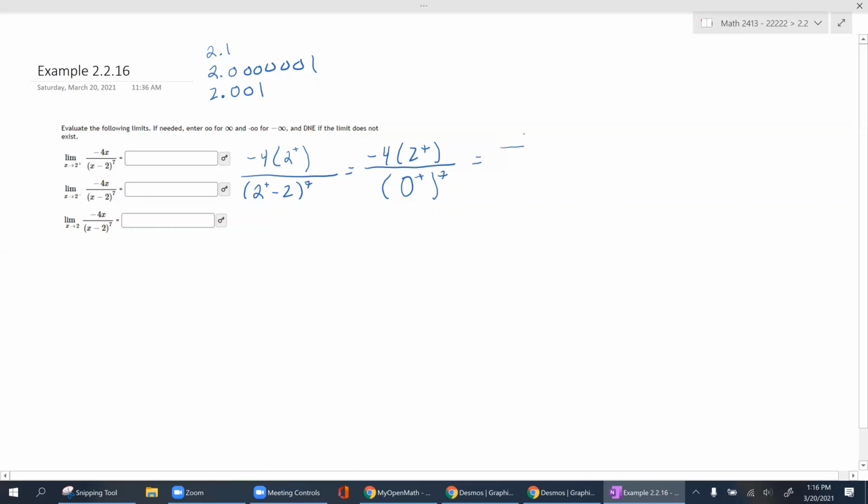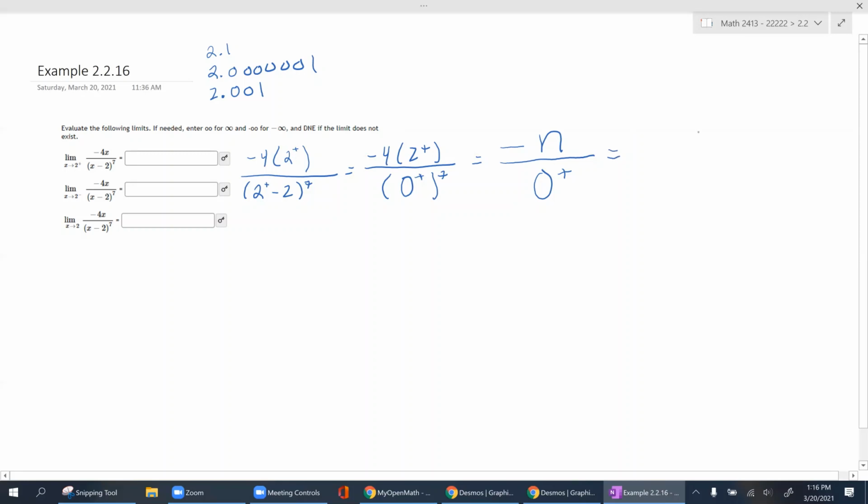So let's just say, I don't know, negative 1, for example, just a negative number. Divided by something very, very small that's slightly positive to the 7th power. That's still going to be pretty small. And what we said earlier is that if you have a number divided by something very small, close to 0, that's going to be infinity.